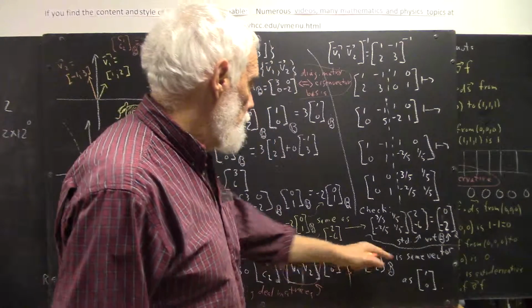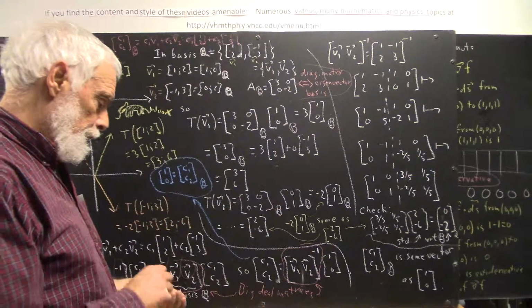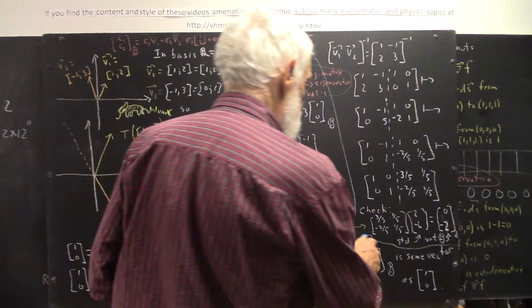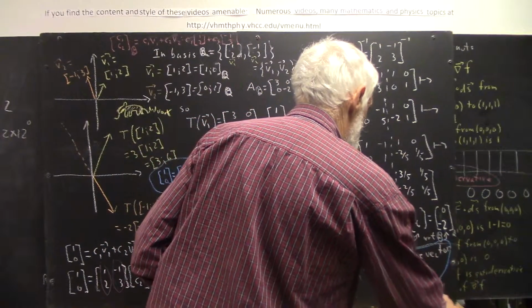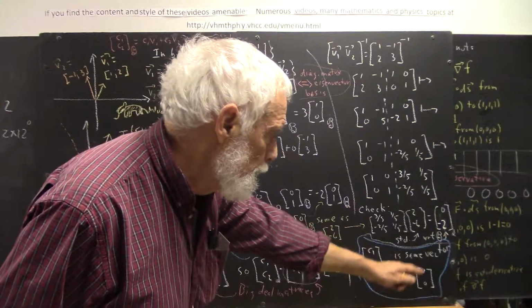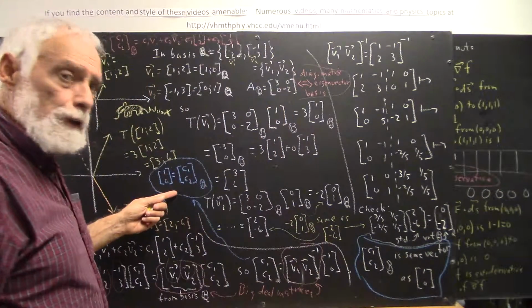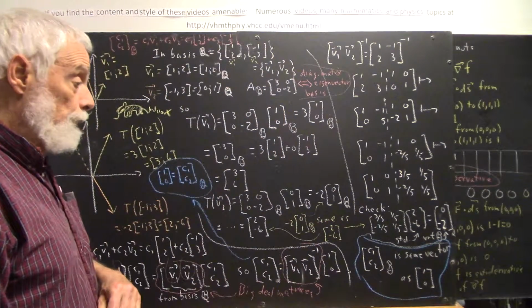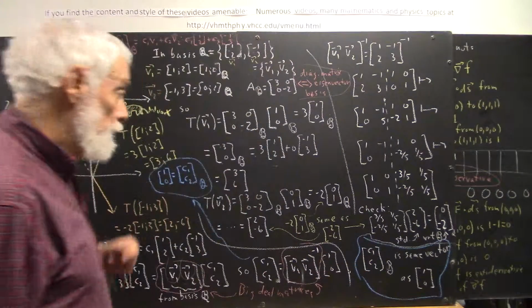Now down here I said the same thing I said up here. So let me just circle that in blue. And just saying that C1, C2, B is the same vector as 1, 0, which is really just what I said here. But for emphasis, it doesn't hurt me to have said it twice.